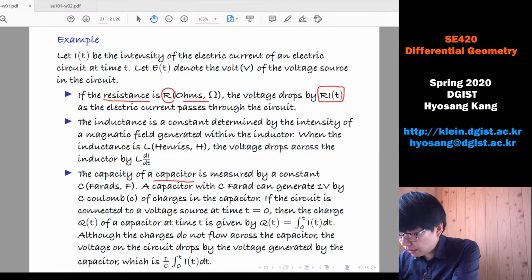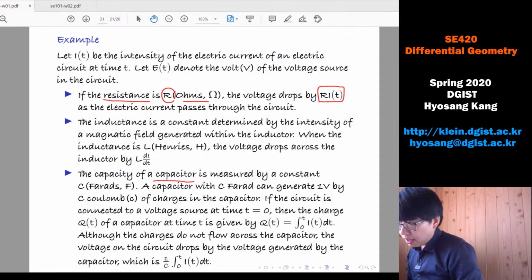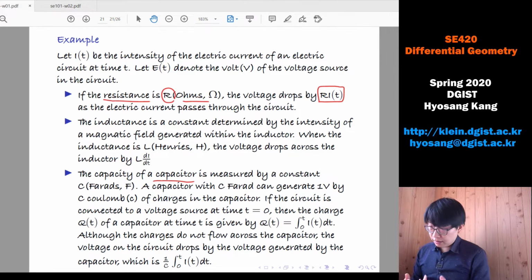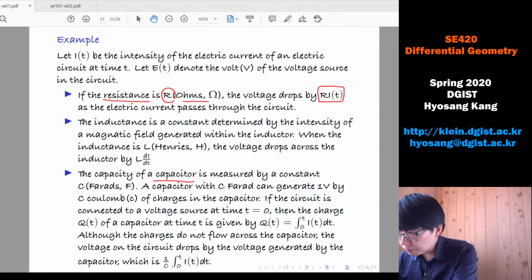So we can consider that the voltage generated by the capacitor is in the reversed direction of the voltage from the actual source of voltage.